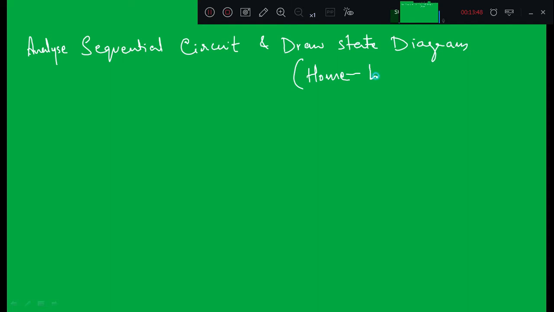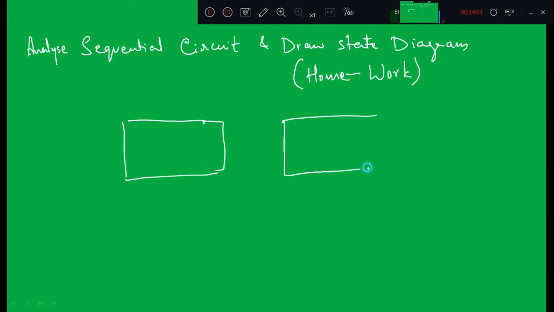It's very simple. It has only 2 flip-flops, both of which are T flip-flops. Just follow the 5 steps that I discussed in the last slide.